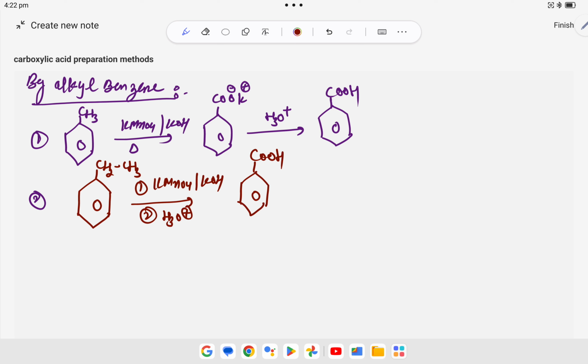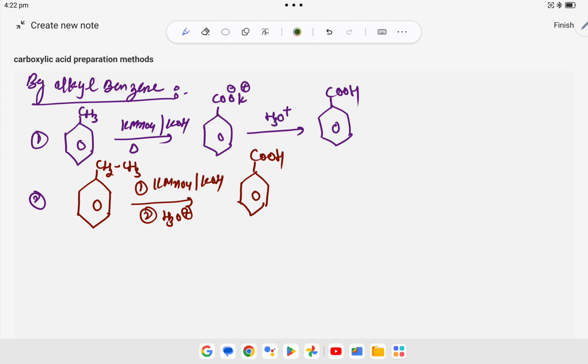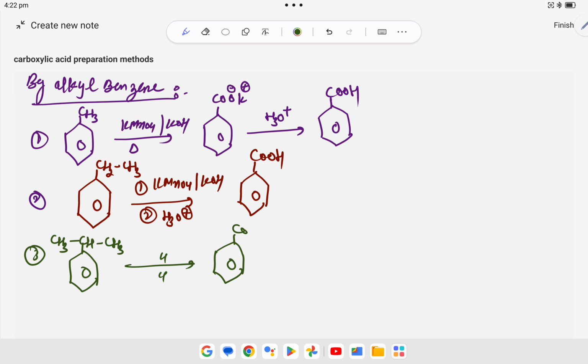So the concern is, whatever alkyl chain is attached, the product will always be benzoic acid, children. Number 3, here CH3, CH3, same process. Then also you will get benzoic acid, children. That is the concern here.